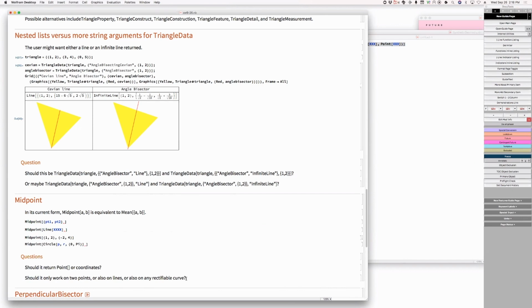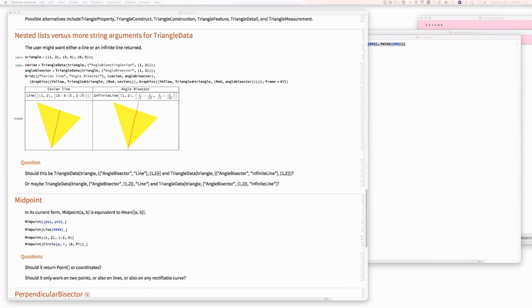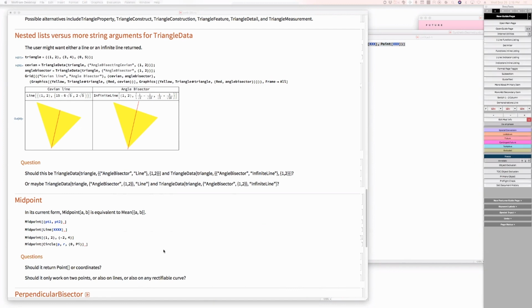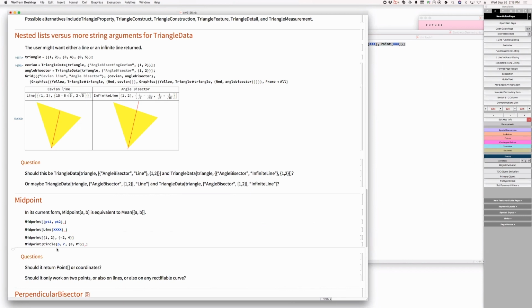But what about if the circle is defined as an implicit object, an object which doesn't have a head circle? Or an implicit region, a parametric region can be a circle. So what would be the midpoint of those? Sorry, say that again. You're saying a parametric region that happens to correspond to a circle. Exactly.